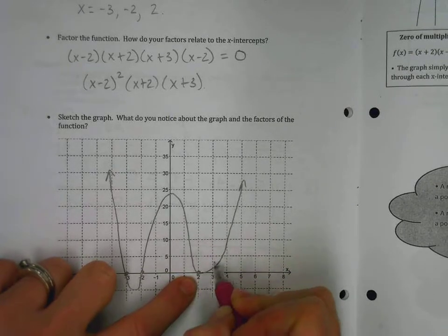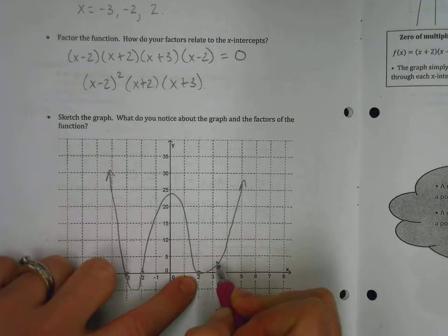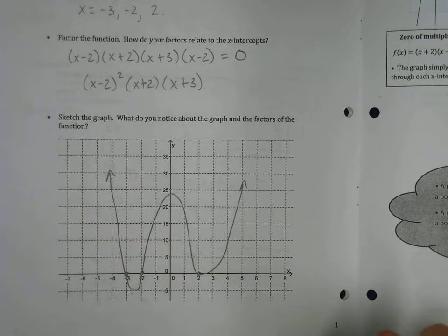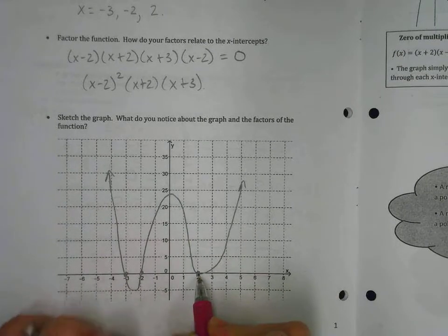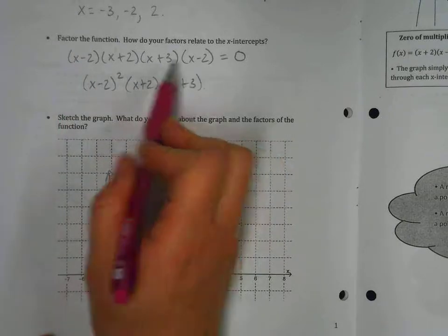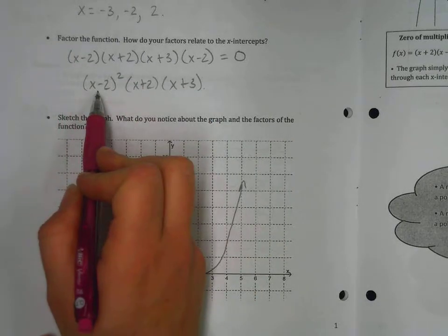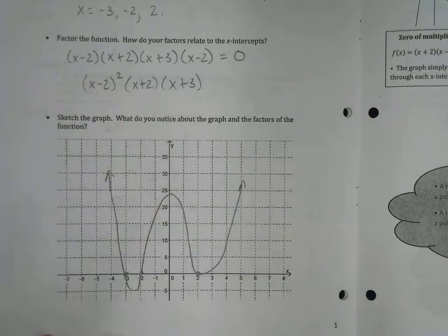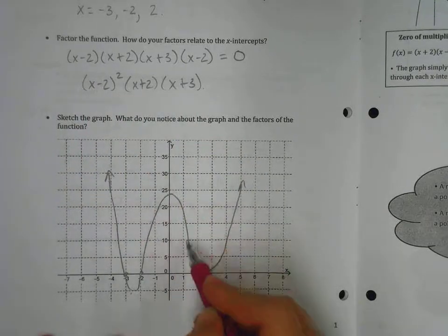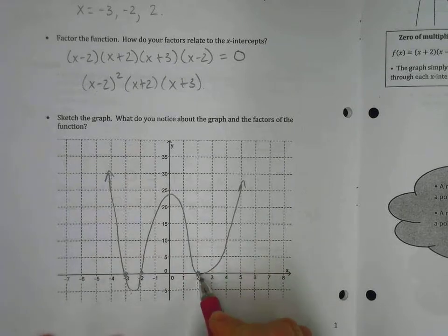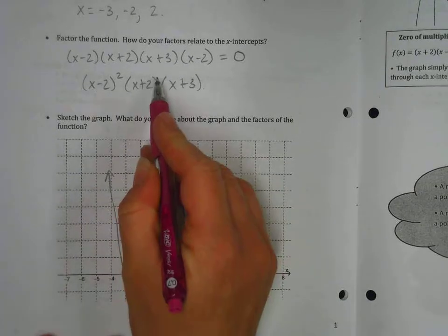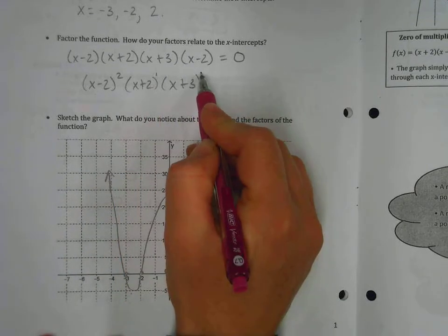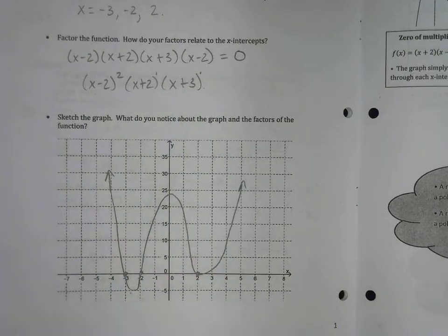We call this a tangent point at 2. And the important thing that you should notice is that the reason why this does this is because there are actually 2 factors of x minus 2, which gave this binomial a squared value. So that's the reason why this takes this shape at this x-intercept, and these values are just to the exponent of 1. So that's why these values just go through that point.